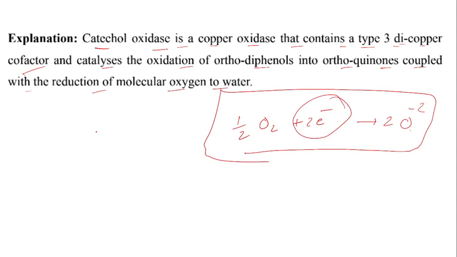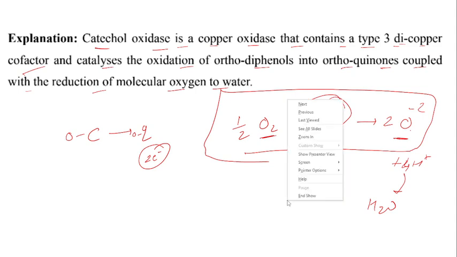I think you know how it is produced. It is produced due to catechol to quinone, orthocatechol to orthoquinone. When it is produced, it makes 2 electrons. So these electrons will react with oxygen and produce water. It will react with 2 protons, and finally it will make 4 protons.